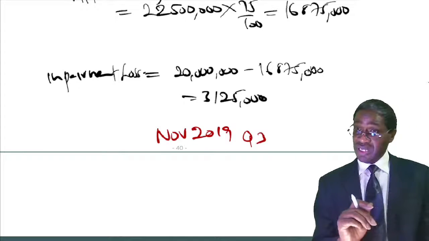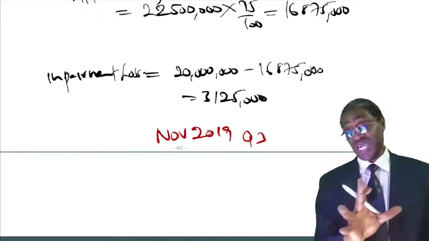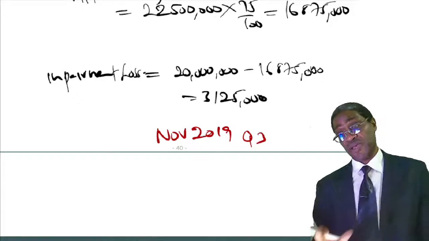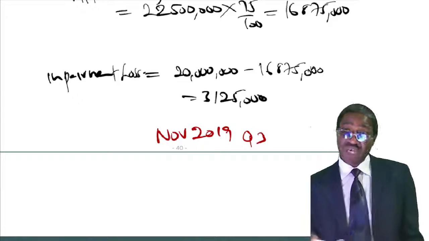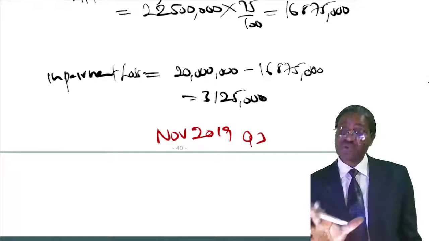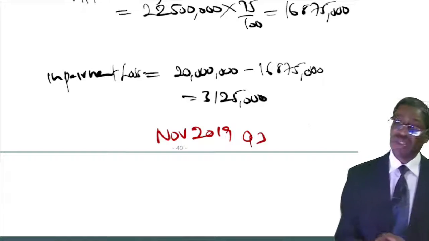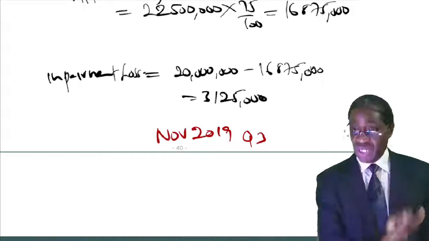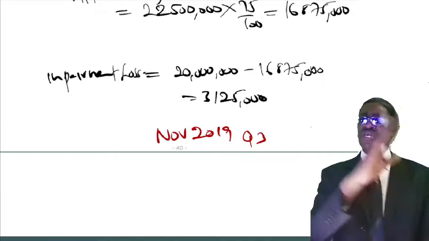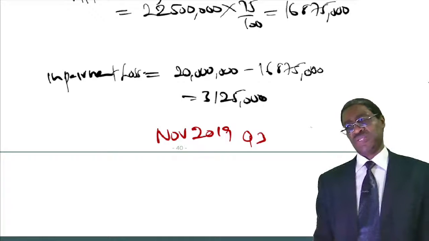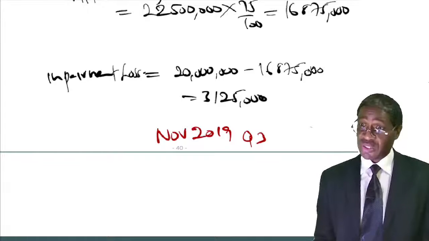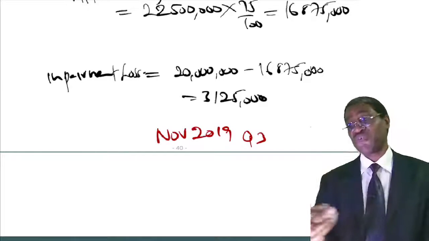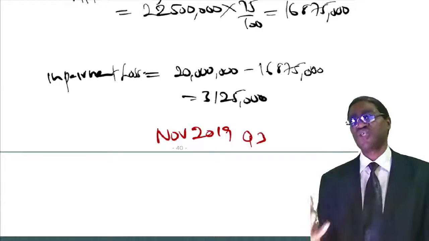Part B is a different asset using a different method. This question tests you using two different methods on two different assets. The questions we have done tested one method at a time, but this November 2019 has two methods on the same question, for two different assets. But the concept doesn't change.